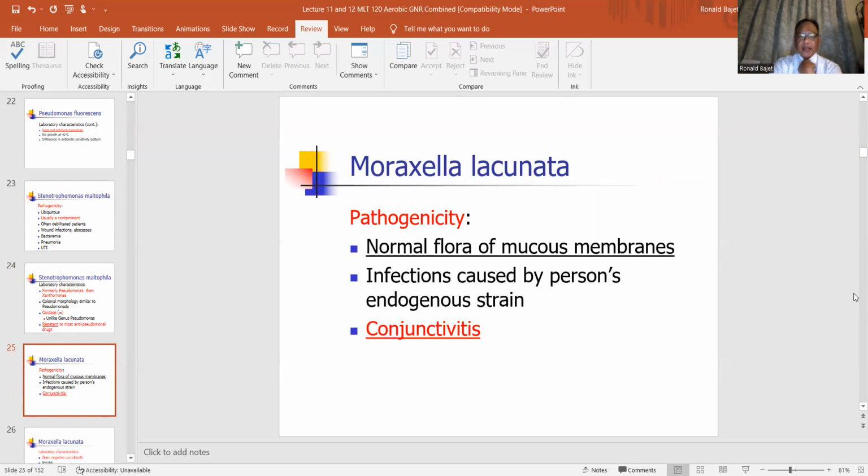Moraxella lacunata is normal flora of the mucous membranes. However, it can be opportunistic. I knew somebody who had a Moraxella infection. It just colonized the nasal tract, and she constantly had infections. It's part of the normal flora of the mucous membranes, and it can also cause conjunctivitis.